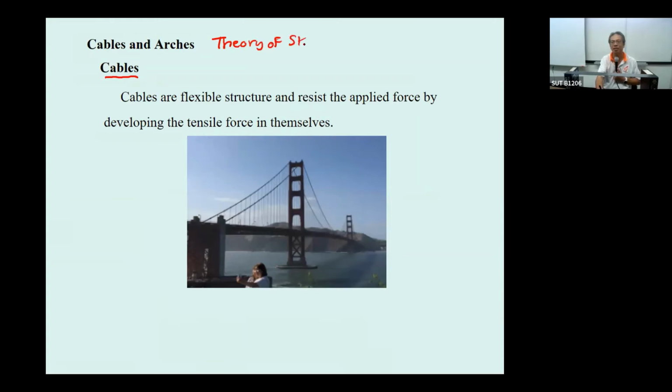The cable has an advantage when we build very large structures because the cable resists the force by developing only tensile force inside it.